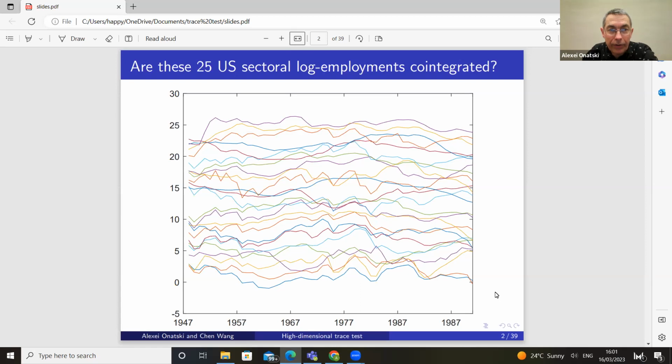What you see on this picture is 25 time series of detrended logarithms of employment data in the 25 biggest sectors in the United States. This data is taken from NIPA tables, and the table contains more than 60 sectors, but I took the 25 largest ones as of 1948, which is the first year in the series.